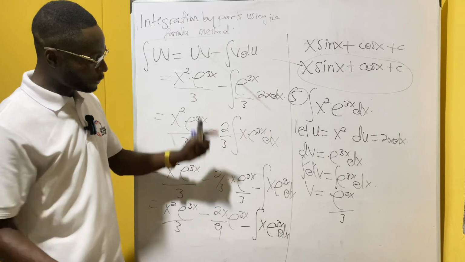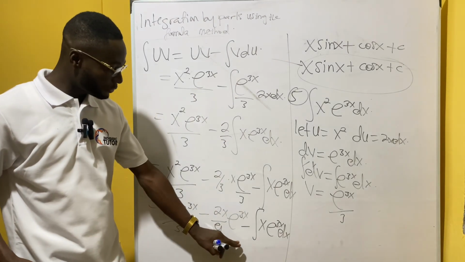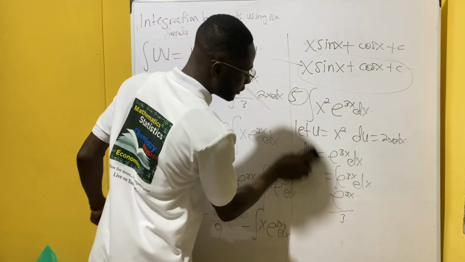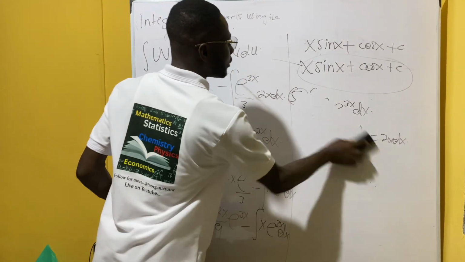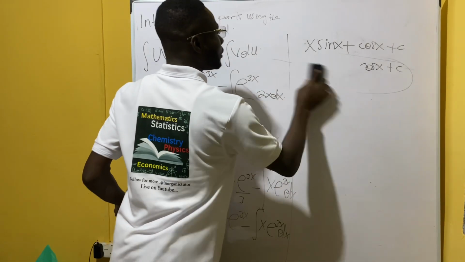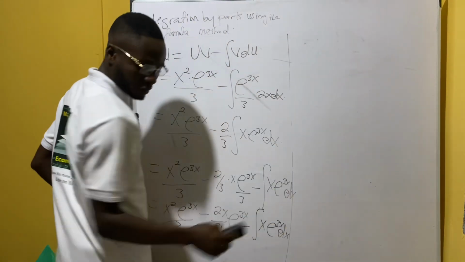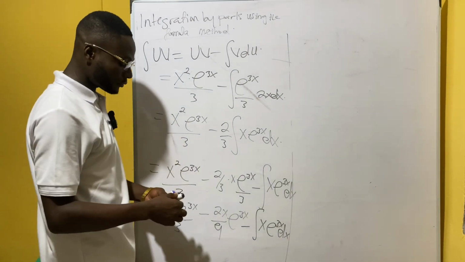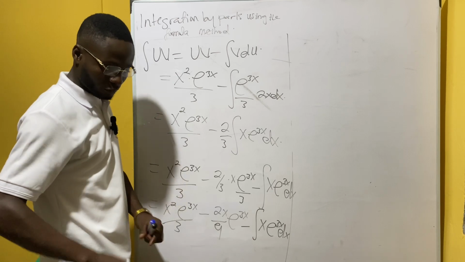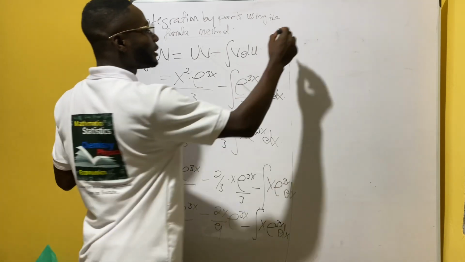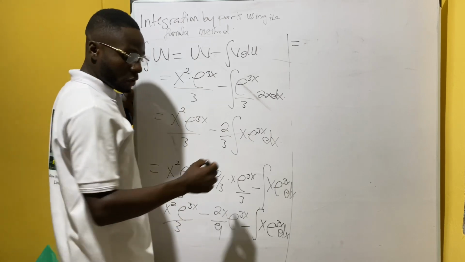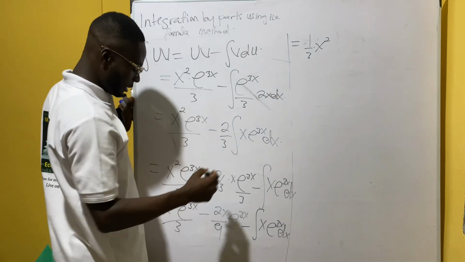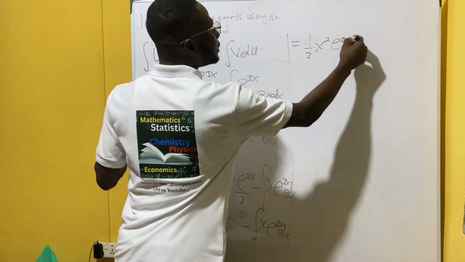This means that we have to integrate again. So when we do that, we are going to have 1 on 3 x squared e power 3x.